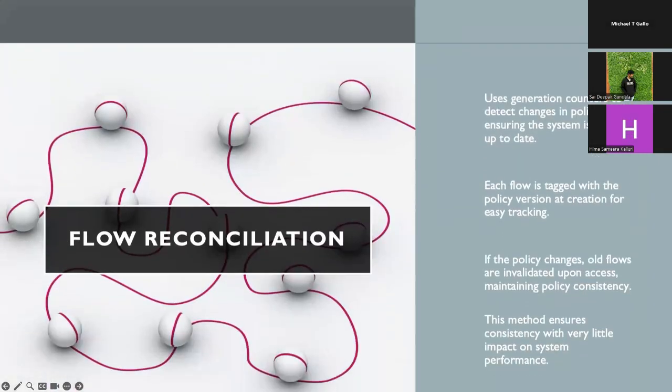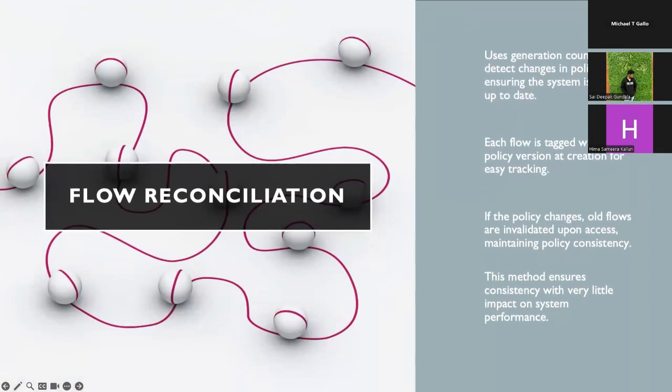And next, let's see flow reconciliation. This uses generation counters to detect changes in policy and ensure the system is always up to date, and each flow is tagged with a policy version for easy tracking. If the policy changes or expires, the old flows are invalidated upon access, which still maintains policy consistency.